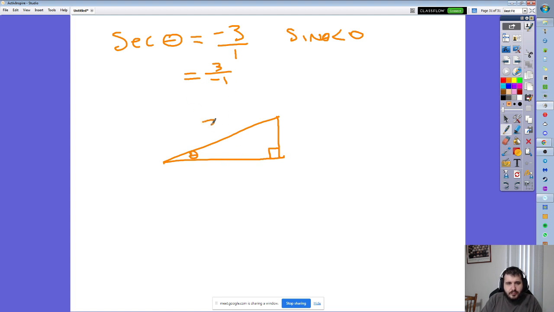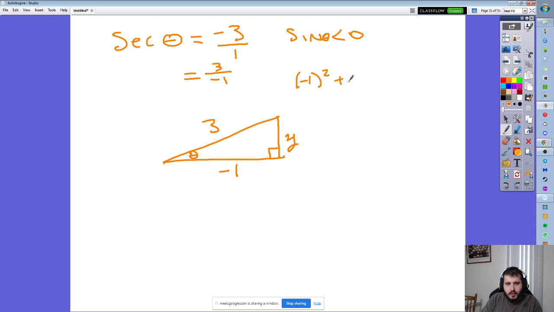Your hypotenuse is 3. Your adjacent is -1 because this is secant. And so we need to find what the opposite side is. So we do the Pythagorean theorem.